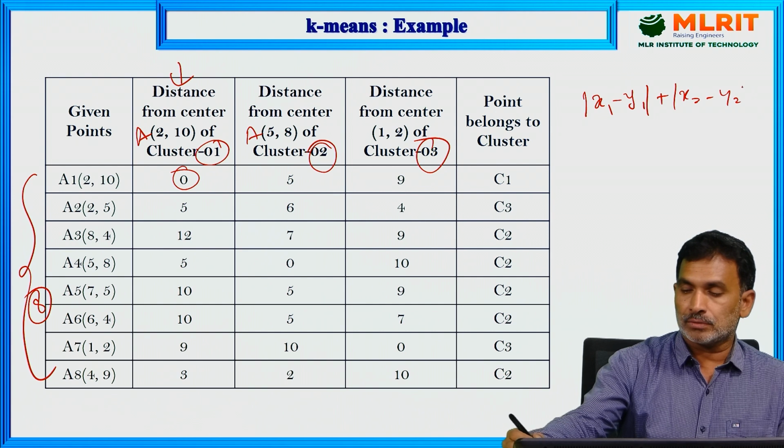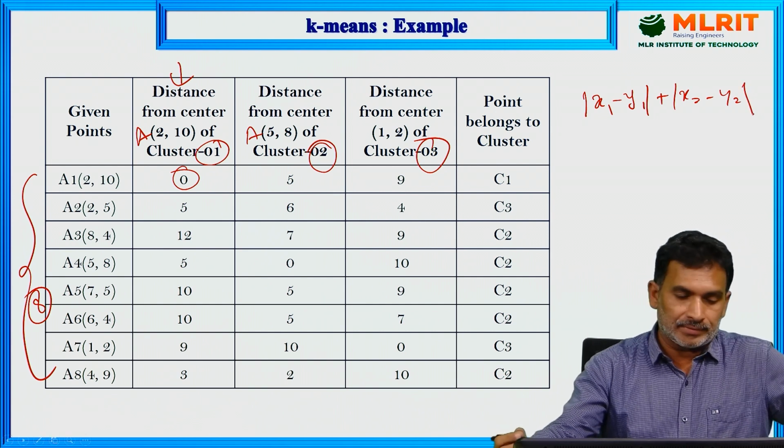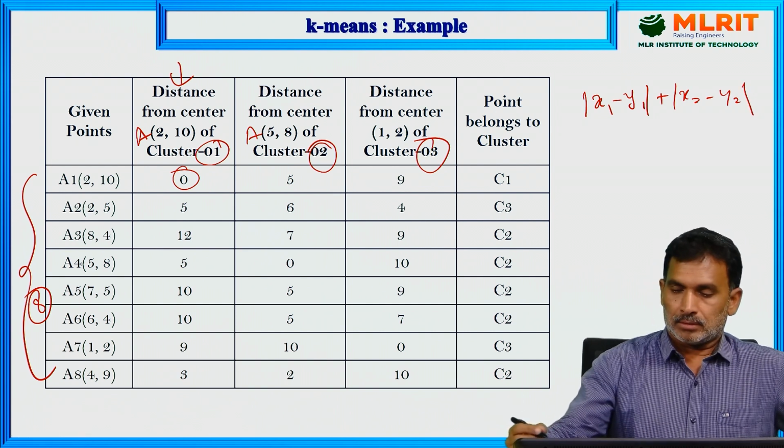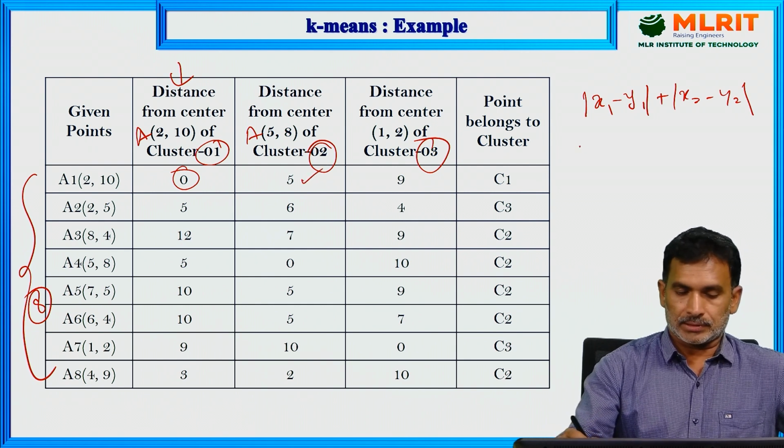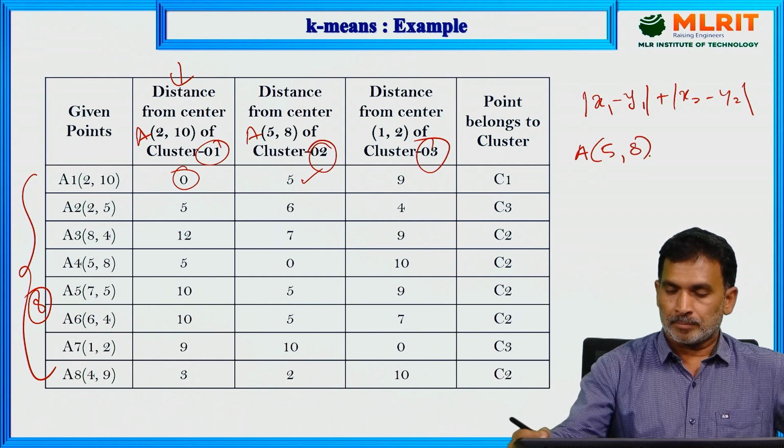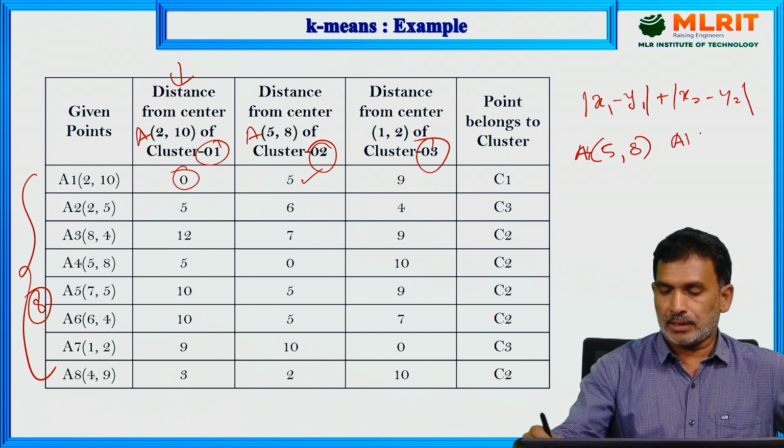x2 minus y2. So for example, if you take the 2 data points, let us take this one. That means the cluster head is A4 and the data point is A1, that is 2, 10.